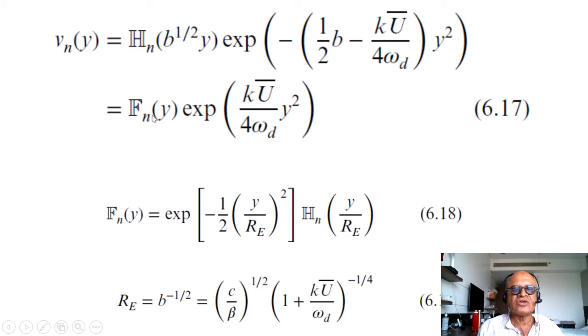Write this as a meridional structure function where f of y is exponential of minus 1/2. So we are simplifying this with the Hermite polynomial into this beastly looking thing where we have now the equatorial Rossby radius.